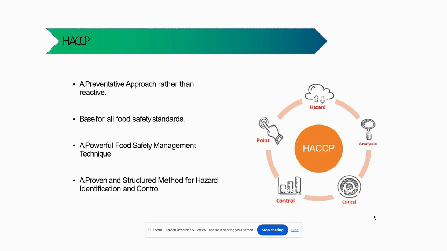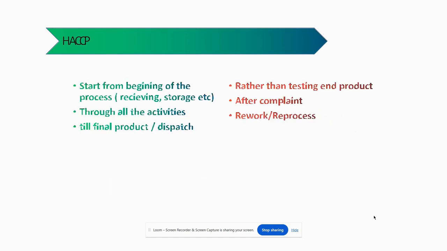Implementing this HACCP system does not mean only in the processing premises. It starts from receiving of the raw material. We need to follow a systematic, proactive approach, starting from receiving of the raw material till it reaches storage and dispatch, whereby we can have complete documentation.